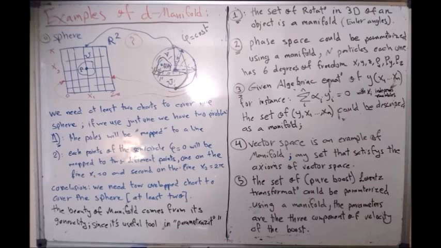Another interesting example is an algebraic equation, where I have a variable y which depends on independent variables xi, where i goes from 0 to n. This is, for instance, one of the possible algebraic equations.